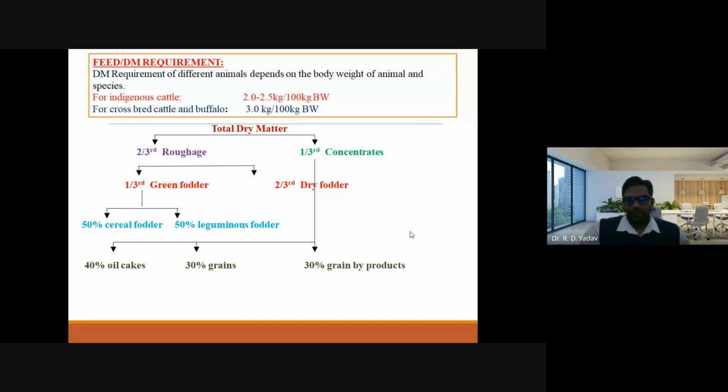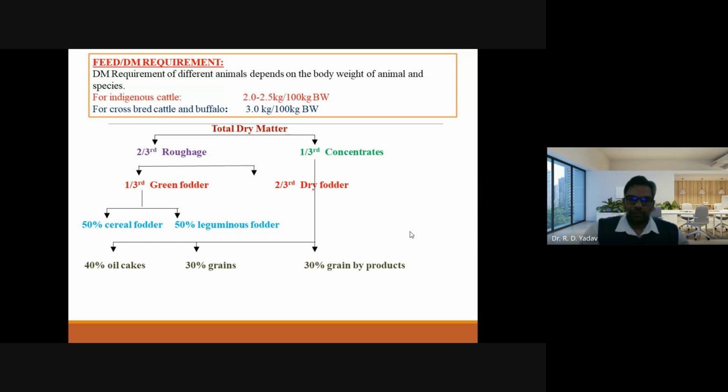So 30% will be from the grain byproducts, 30% from the grains, and 40% from the oilcake. It's just a general consideration. While considering the total dry matter requirement of an animal, we have to consider these points regarding concentrate and roughage, the partition of the different ingredients, and in case of roughage, partitions like leguminous and non-leguminous, dry and green.